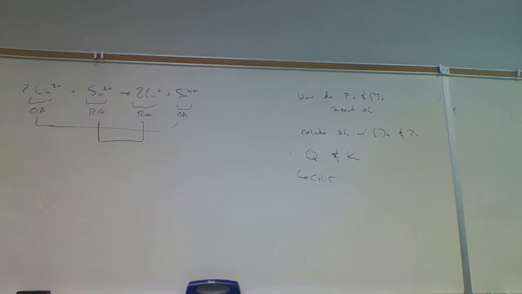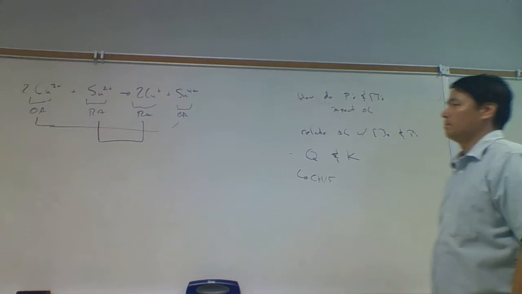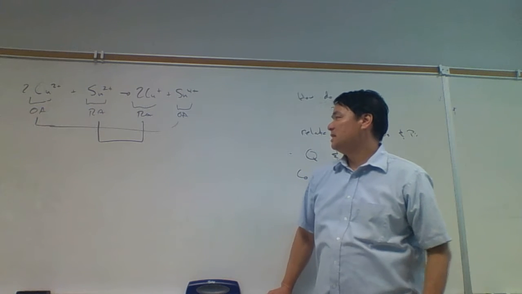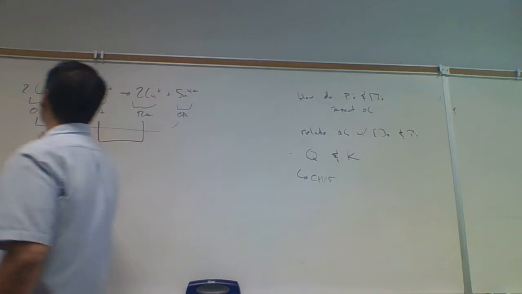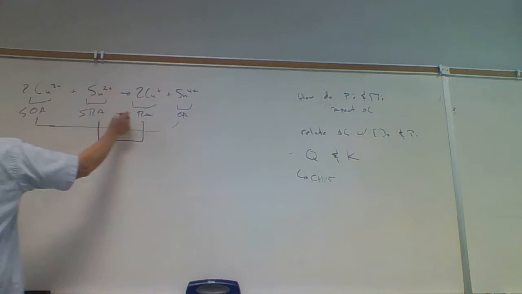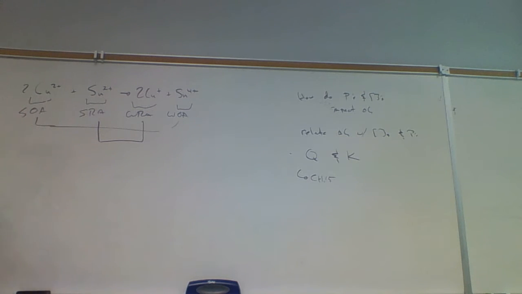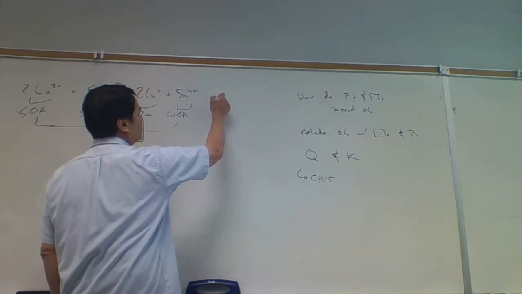Actually, I could have done the oxidizers too. I just missed it. I don't know where I missed it. It's kind of low. Well, anyway, which one's stronger? Tin? Okay. And so stronger to weaker. If one is stronger than the other, it turns out this is favorable. Reaction occurs.